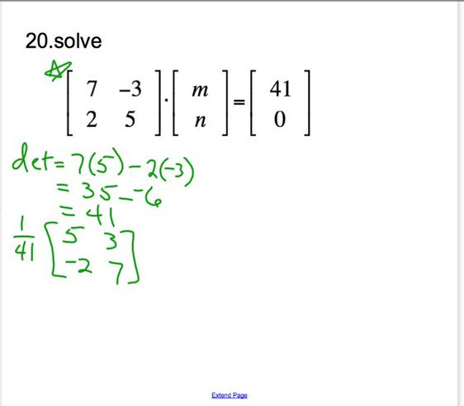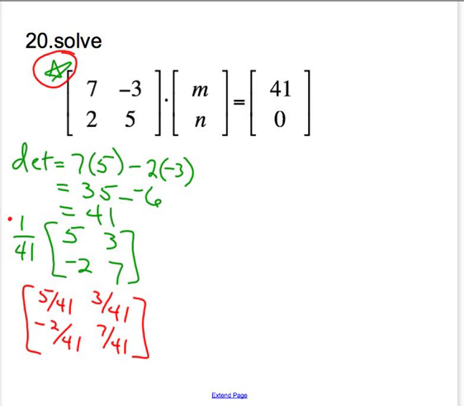All that's going to happen is from this inverse matrix that I'm putting the little red dot by, I'm going to multiply each of those elements by 1/41st, hence creating all of these fractions. So this red matrix in the lower left-hand corner is your inverse matrix of the original 2 by 2 matrix.